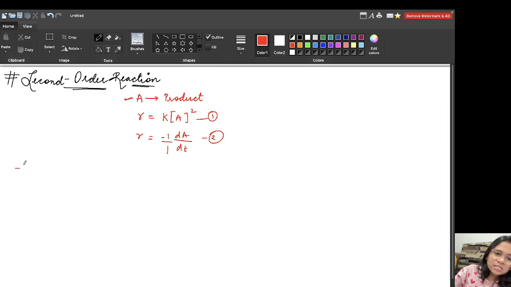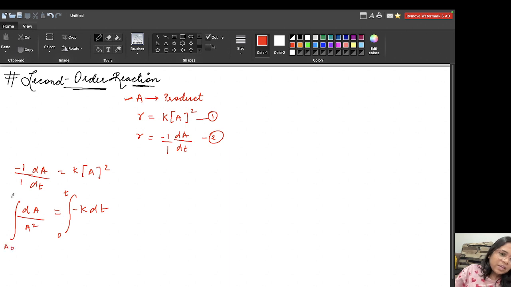Once I equate both equations, minus 1 by 1 dA by dt equals K A square. I am taking the minus sign there and integrating the equation, minus of k dt, from t equals 0 to t and A equals A naught to A.